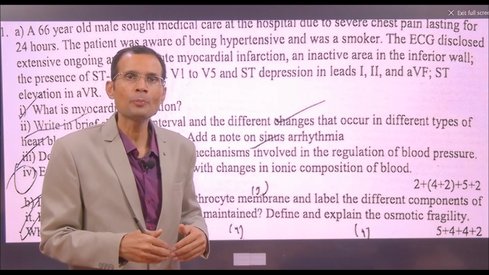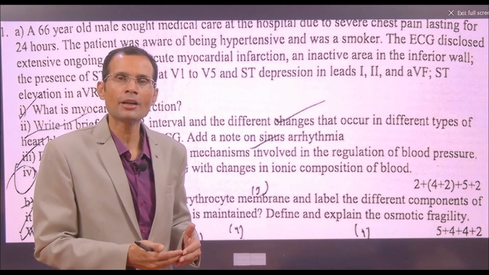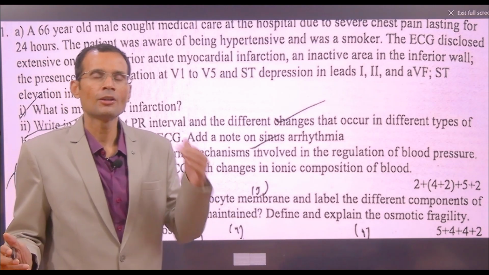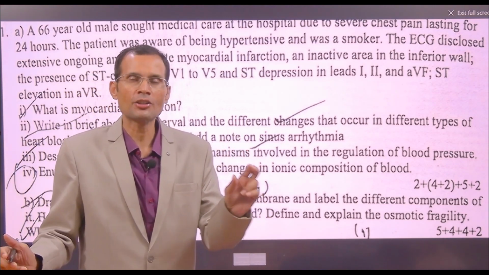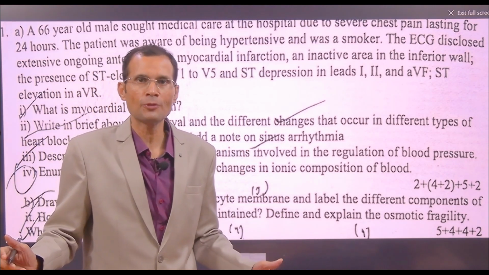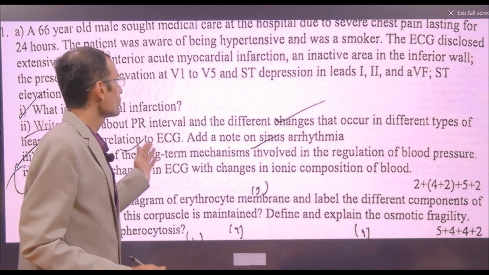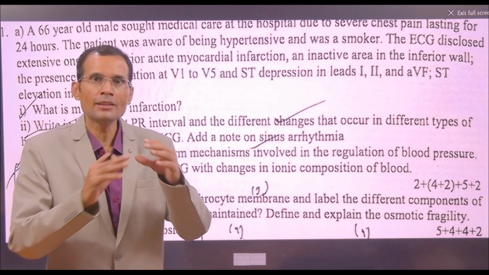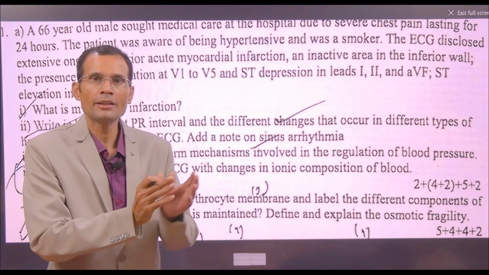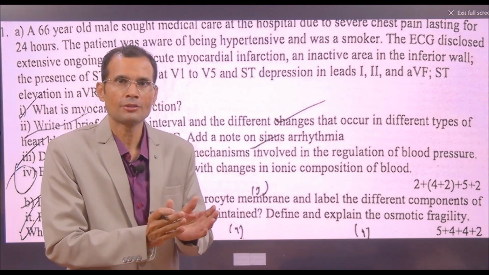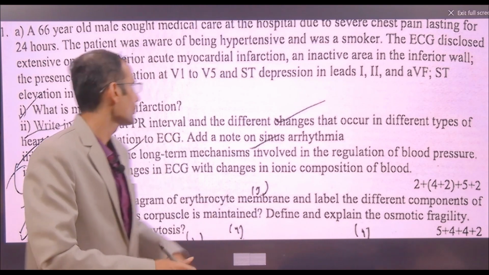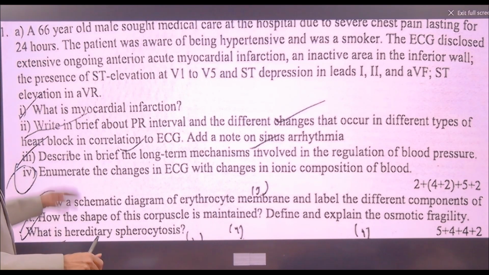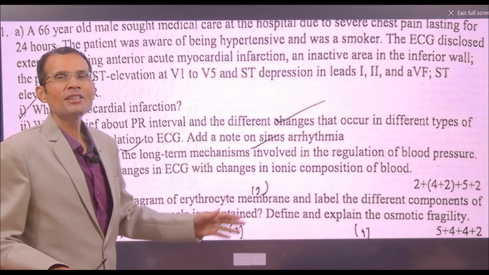Ischemia, loss of blood flow in some part of the myocardium, and necrosis followed by death of that region. That's called myocardial infarction. Necrosis is cell death, and if a region entirely dies, then it's called the infarct, the infarcted area.